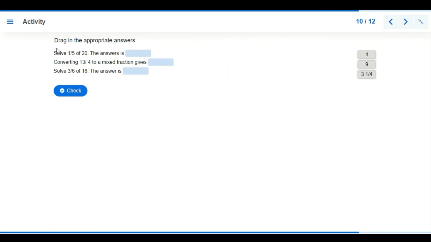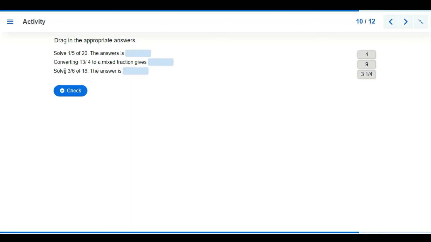Now let's look at an example here. We can start to do this one on our own and check if we are right. That is 1 over 5 of 20. That is, you are multiplying 1 times 20, then you divide it by 5. For this one, we want to convert to a mixed fraction. Now, this one is telling us how many times can 4 go in 13 and what is the remainder.